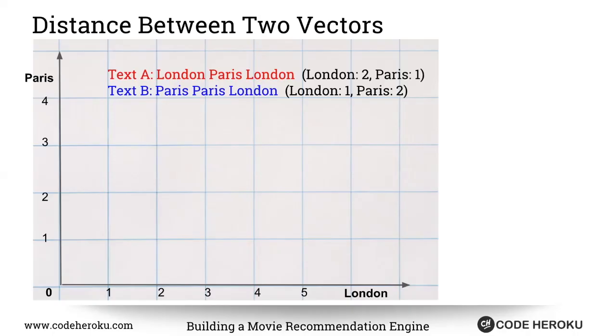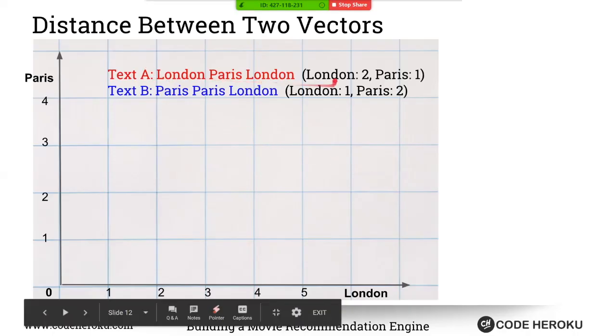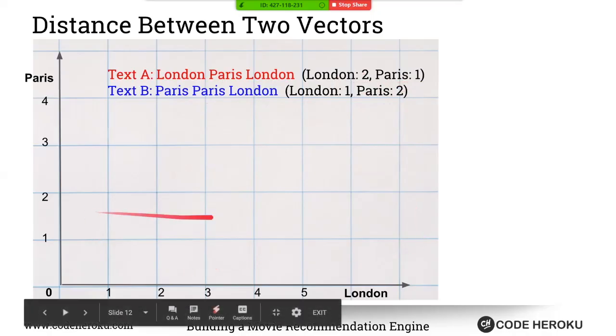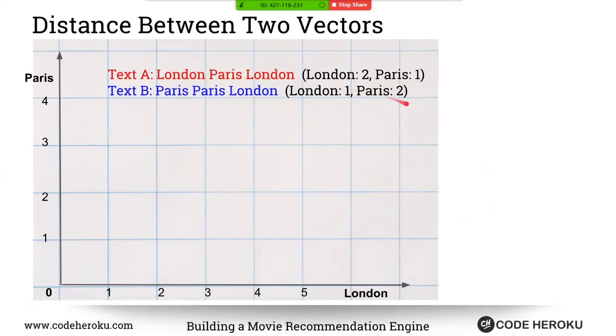In the first line, text A, London appears 2 times and Paris appears 1 time. In text B, Paris appears 2 times and London appears only 1 time, right? So given that you have this count, London is 2, Paris is 1, London is 1, Paris is 2. Can we denote points on this graph, 2, 1 and 1, 2?